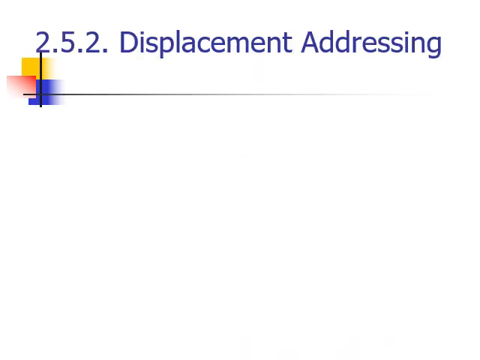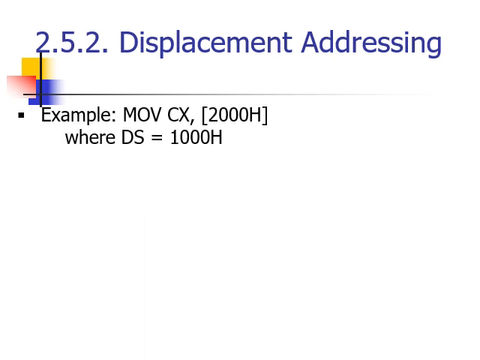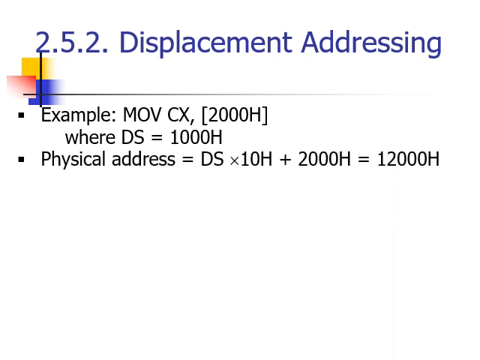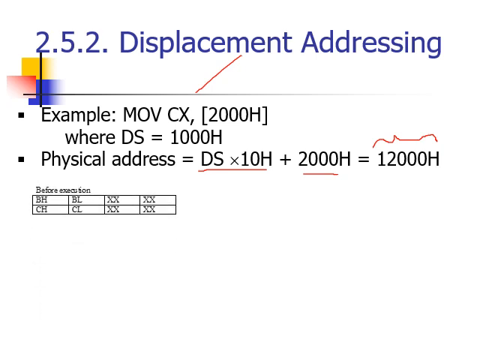Okay, we're still discussing the displacement address. This is an example. Before execution, this is your DS. Physical address is DS times 10 plus this. So this is now the address of your low byte. Okay, so this is your CX, regardless of the values inside your CX, CL, and CH.